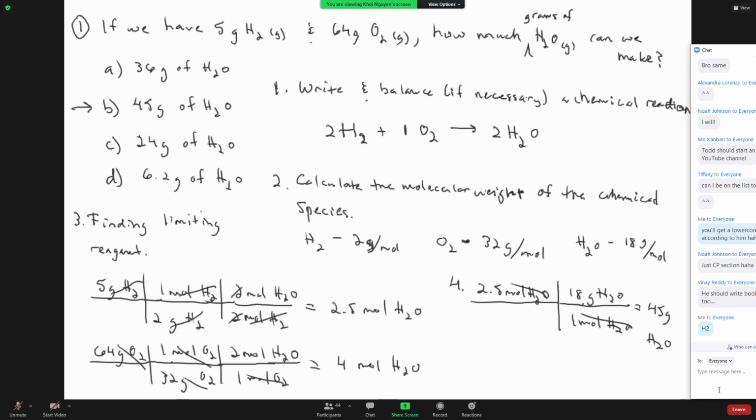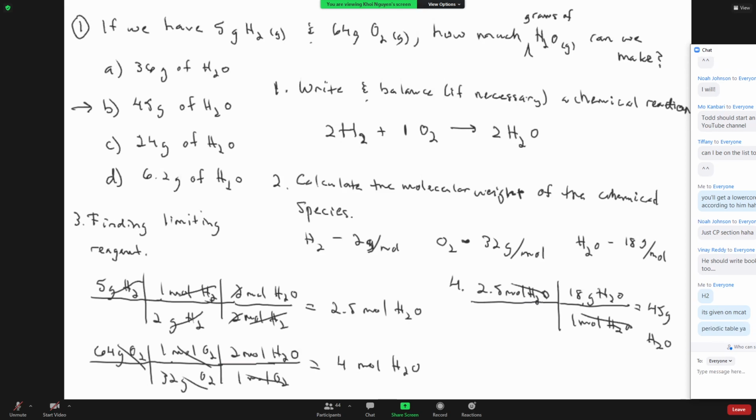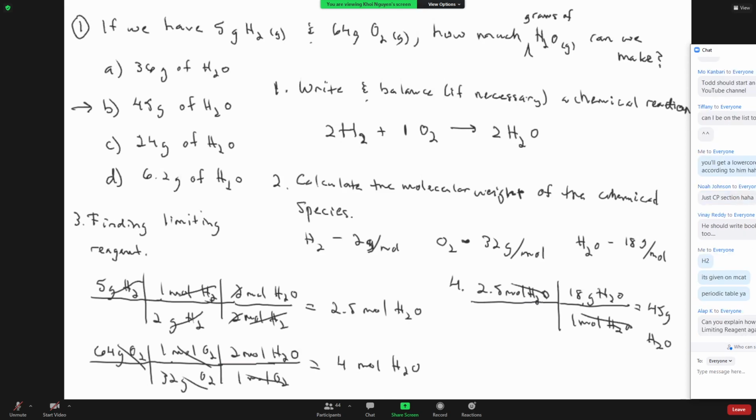Any questions on that? Quick question. So would we have to know in this case, like, would we have to know the 2 grams and the 32 grams? You can look that up. The periodic table of the elements has that, right? And we'd be provided that information? Yes, the one thing they've done in MCAT is the periodic table of the elements for both biological sciences and physical sciences.